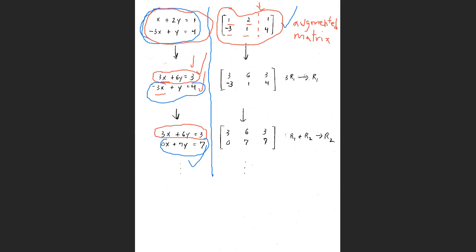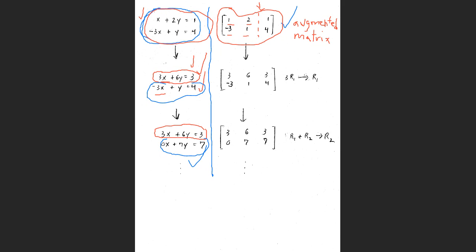Now, the row operations that we did with the equations on the left, we can do those elementary row operations using matrices. We don't have to carry around the variables. We can just focus on the numbers, the coefficients of the variables, and the numbers on the right. So look what I did here.